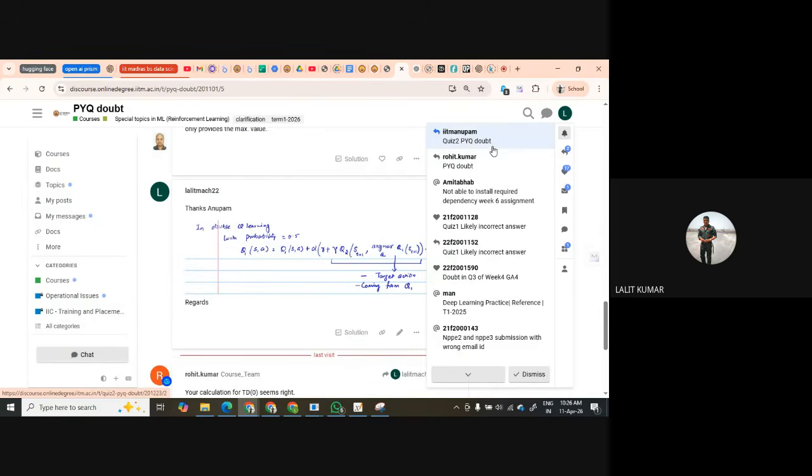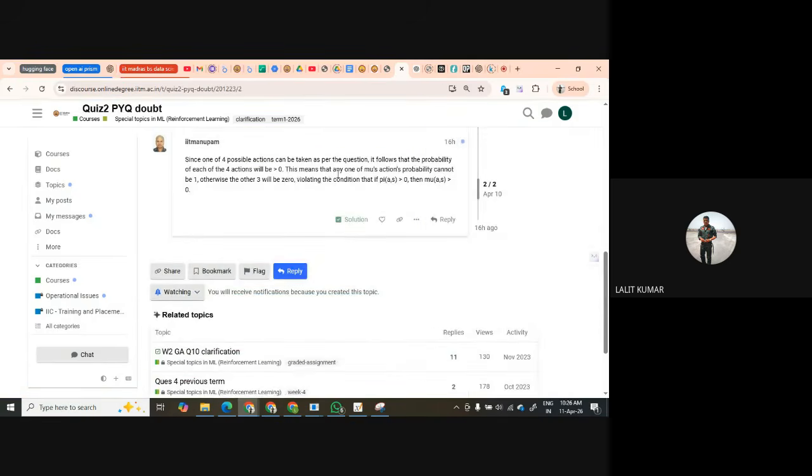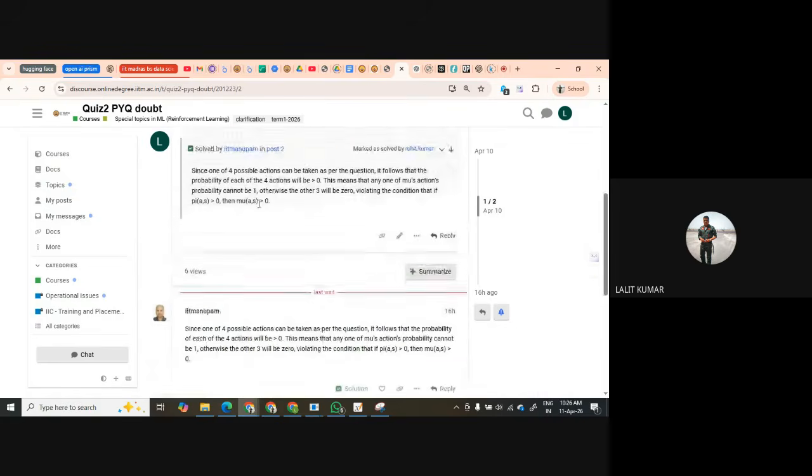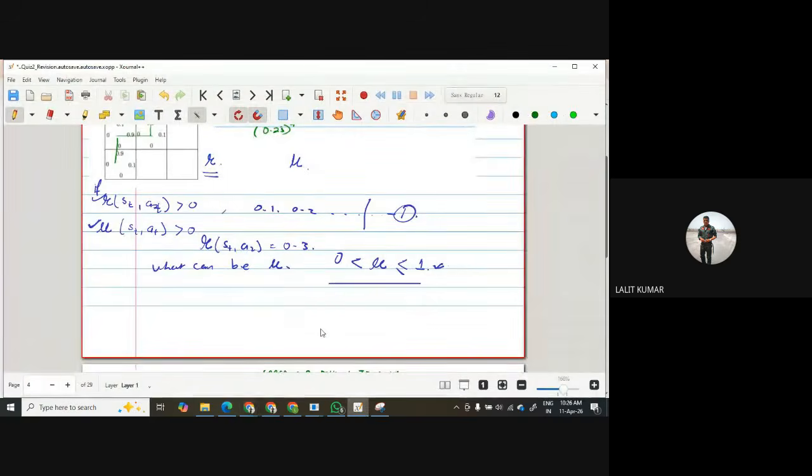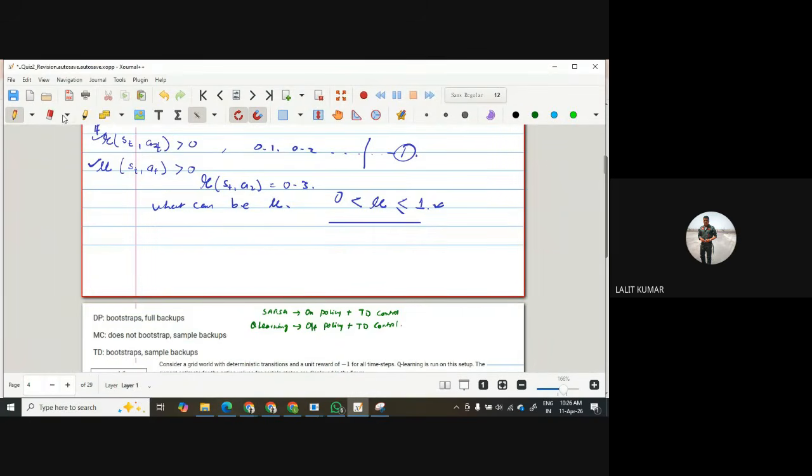So I had asked a question, and Anupam has asked too. Okay, in that particular question, it is less than 1. So this is the relation between pi and mu.